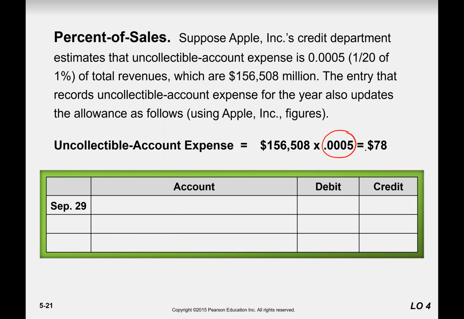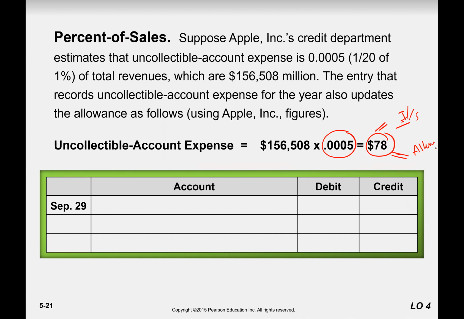It means they expect that their uncollectible is going to be 78, right? Then what would be the entry? They send this expense to the income statement as an expense, and on the balance sheet they will send this amount as allowance.